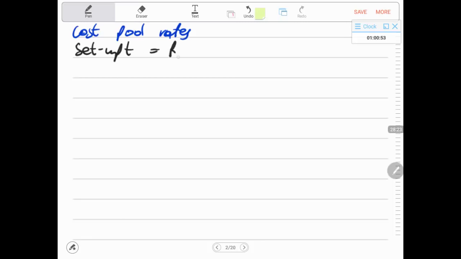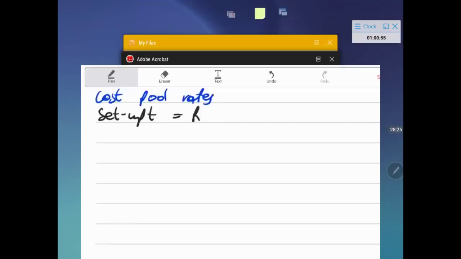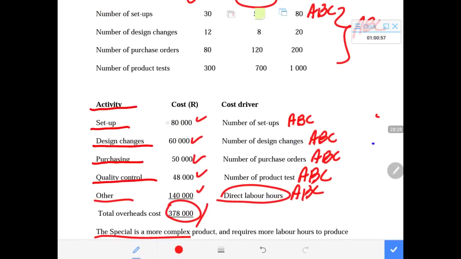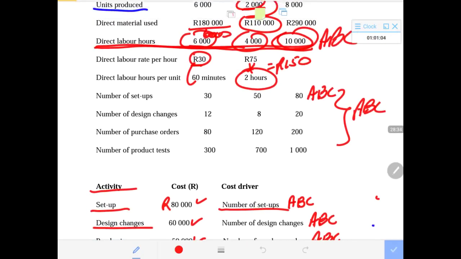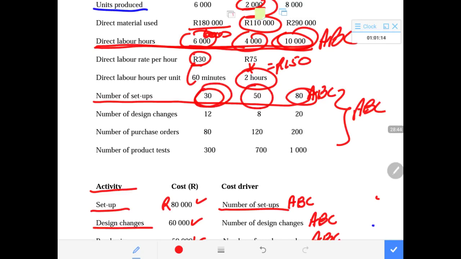The setup cost is given to us as 80,000 and is based on the number of setups. And how many is the total number of setups? It is 80 setups, 30 for product common and 50 for product special.